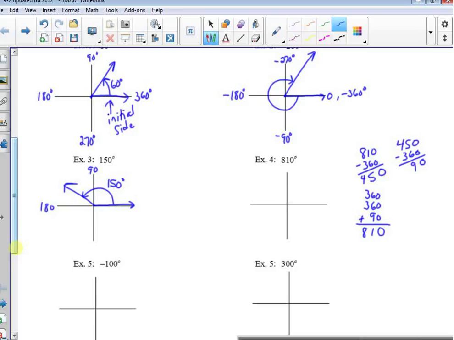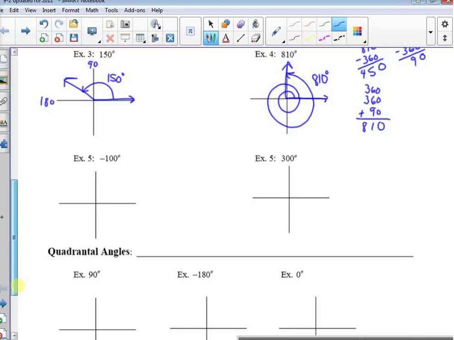I'm going counterclockwise. There's a 360, there's the second 360, and then 90. The initial side's here, and the ending side's there. You need that spiral. So that is 810 degrees.